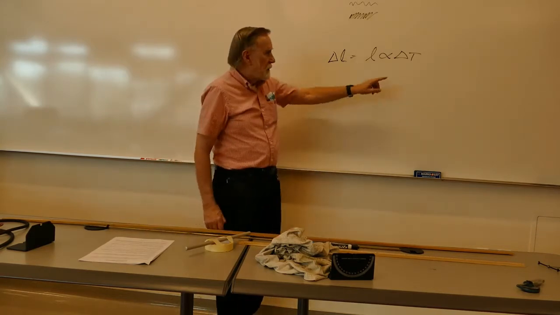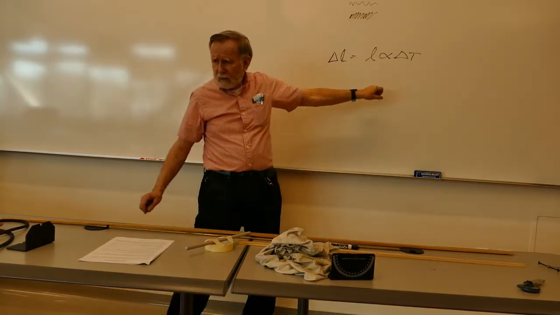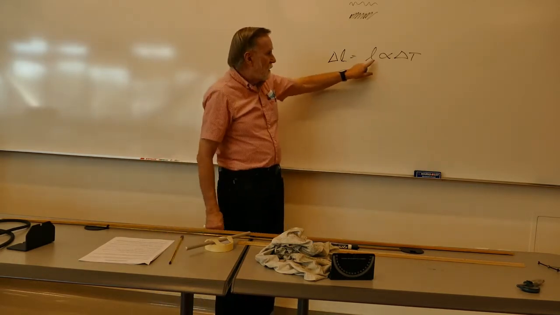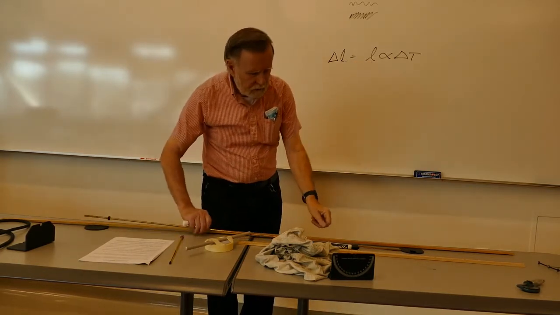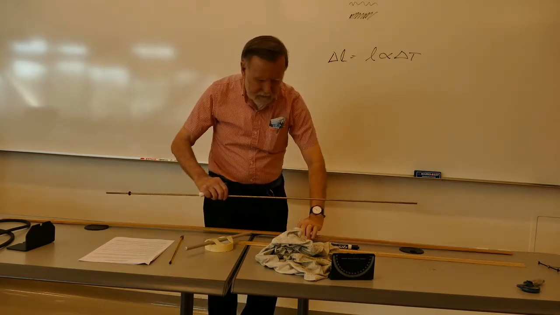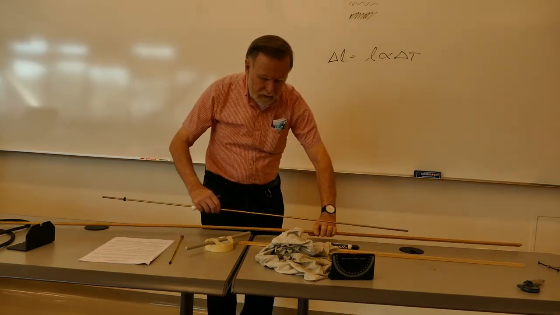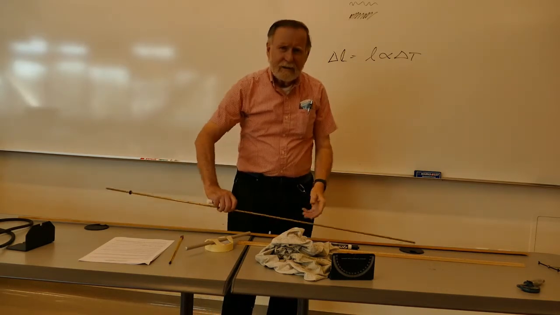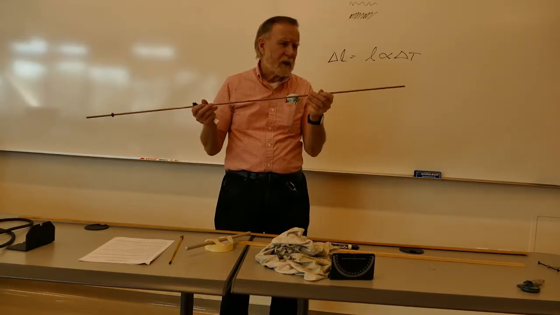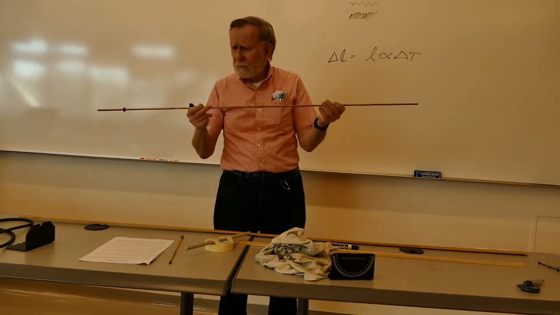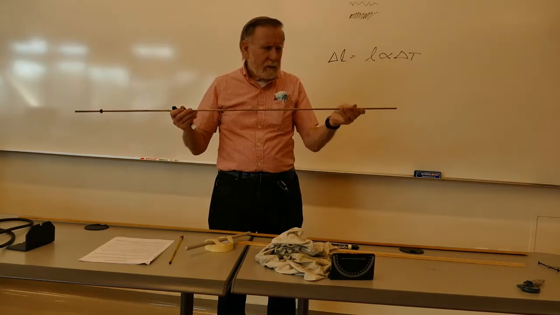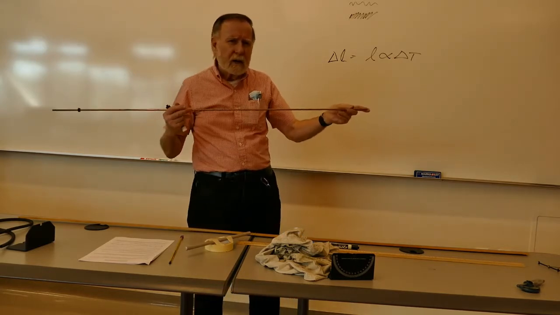That involves us measuring the change in temperature, which is easy to do with a thermometer, and also measuring the initial length, which we can do with a meter stick, but we also need to measure the change in length. Now, if I heat this brass tube from 20 to 100 degrees Celsius, it will expand, but only a very small amount.